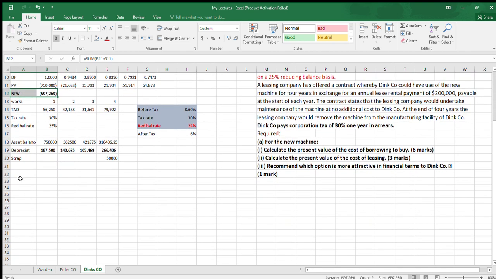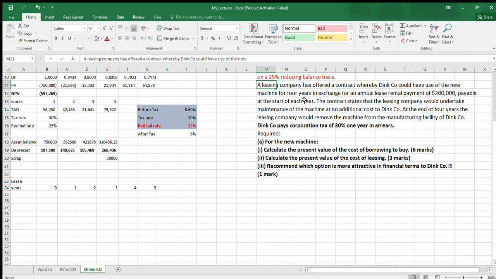Now we have the leasing. We will have years 0, 1, 2, 3, 4, 5. With the lease, the question says that a leasing company has offered a contract whereby Dinks would have to use the new machine for 4 years in exchange for an annual lease rental payment of 200,000 payable at the start of each year.